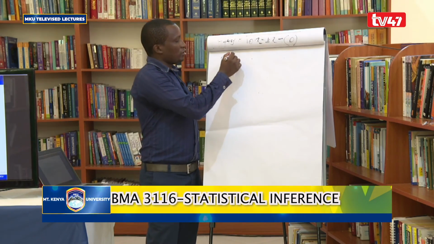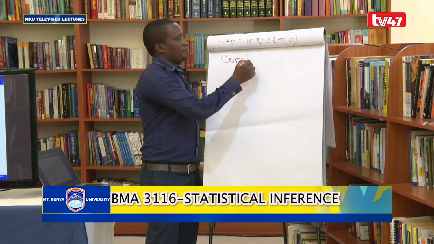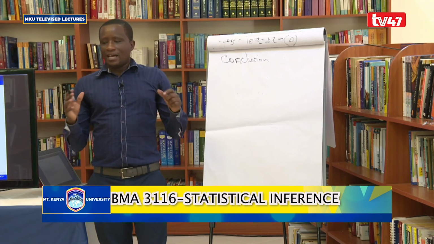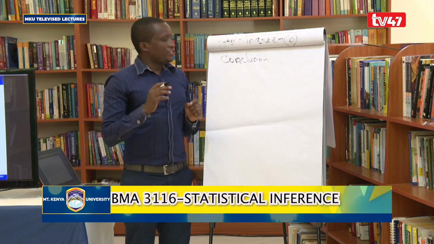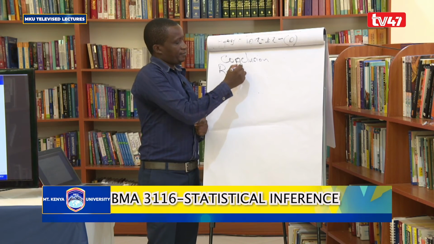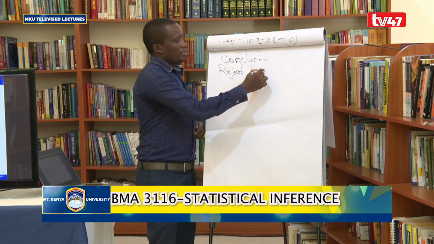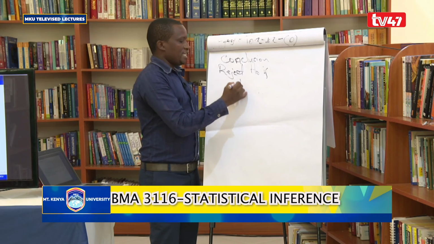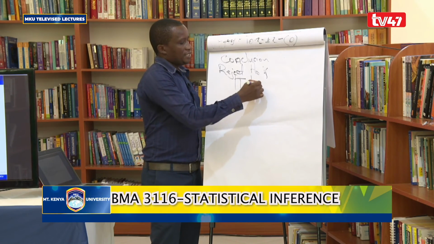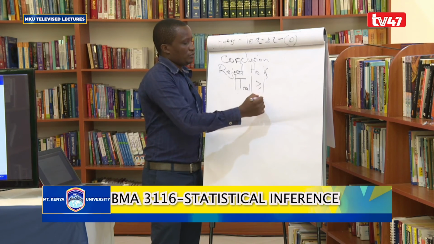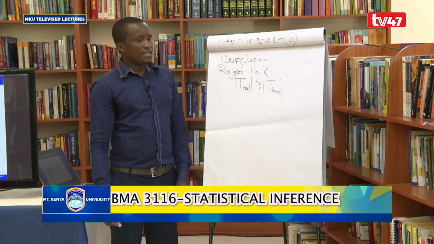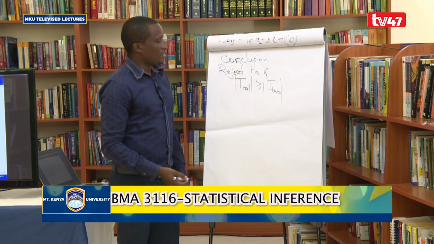So our conclusion, we said that under all circumstances we reject H naught if the T calculated absolute is greater than or equal to the T tabulated, or the statistic tabulated. This one needs not to be absolute.